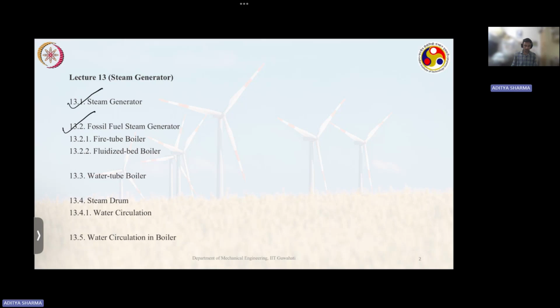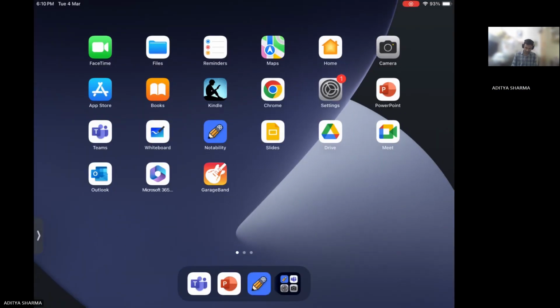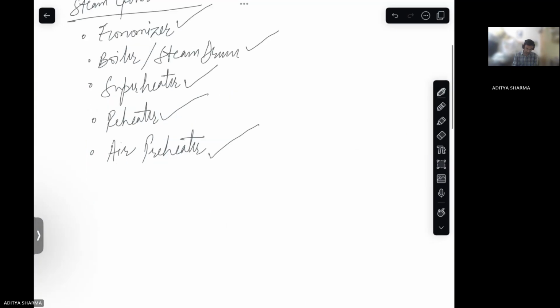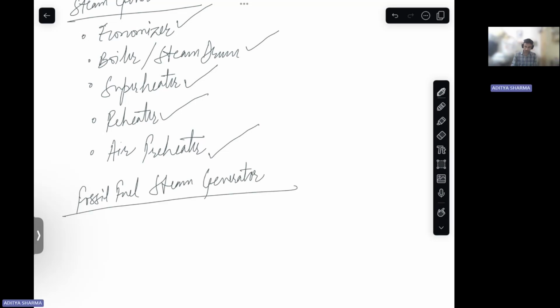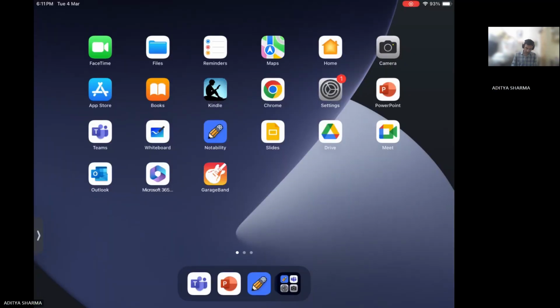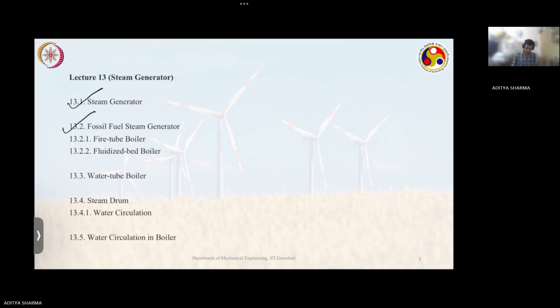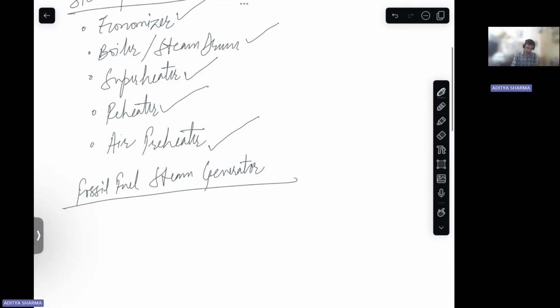Then is your fossil fuel steam generator. So in your fossil fuel steam generator, okay, two boilers have been mentioned.